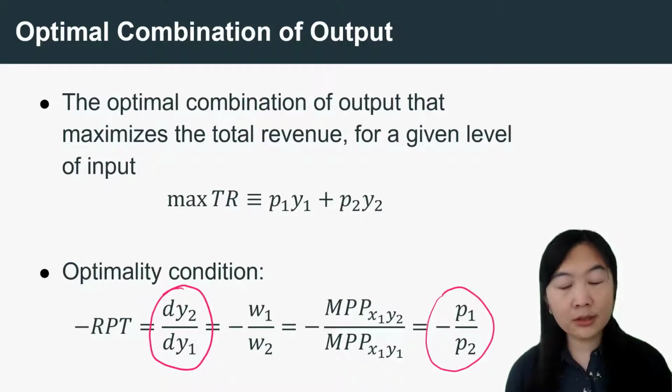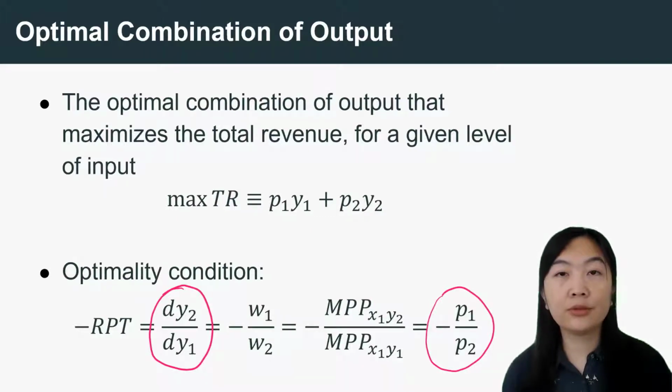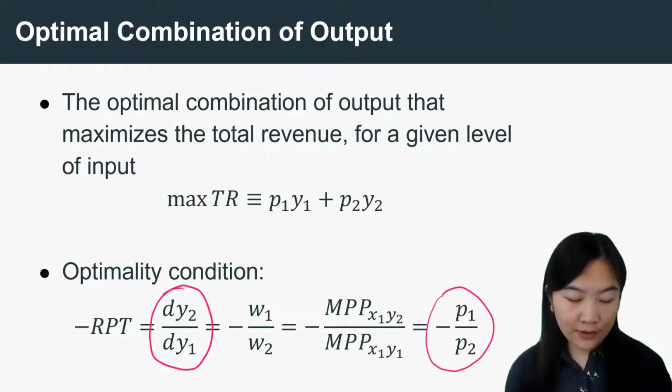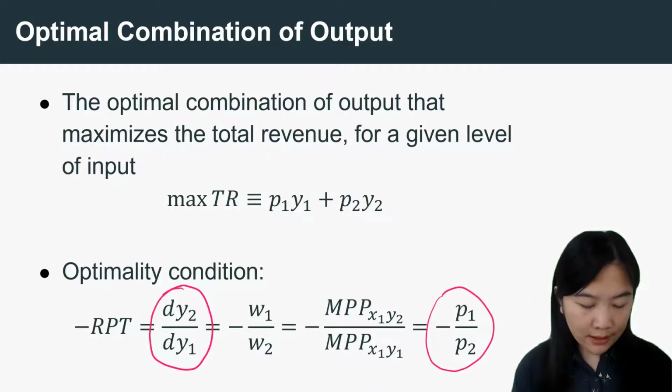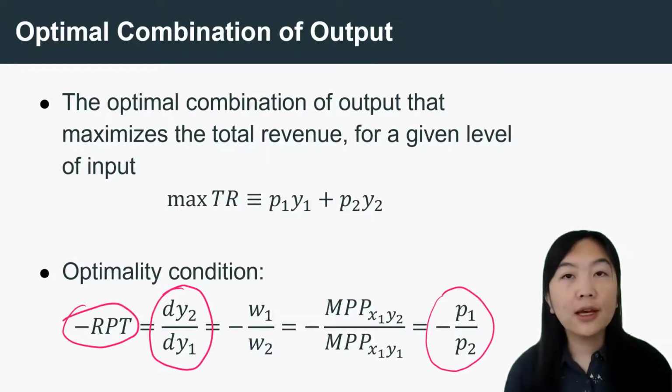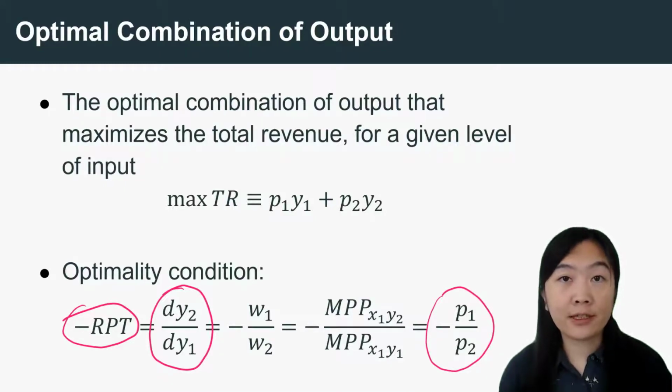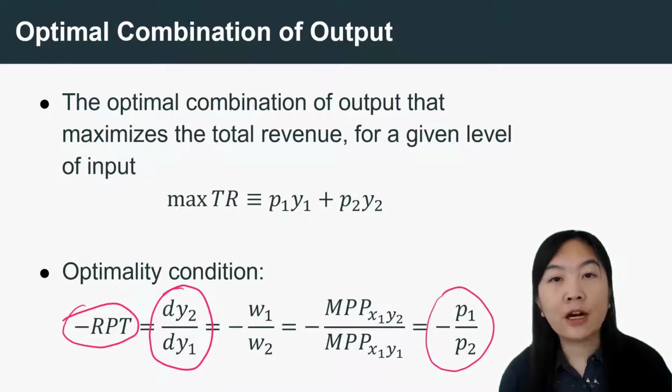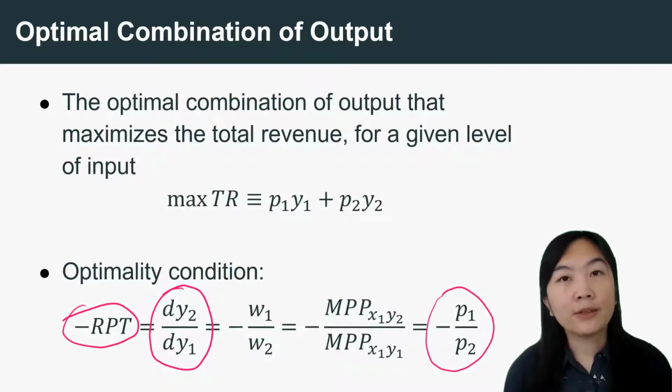And we can also write these two slopes a little bit differently. First, as we just mentioned, the negative of the rate of product transformation is exactly dy2 over dy1, or you may say the definition of RPT is the negative of dy2 over dy1.